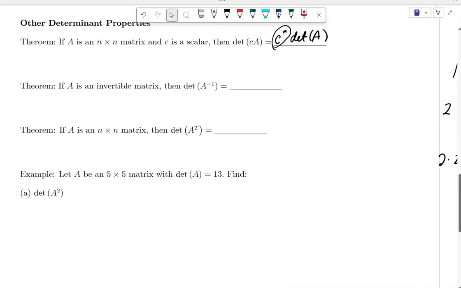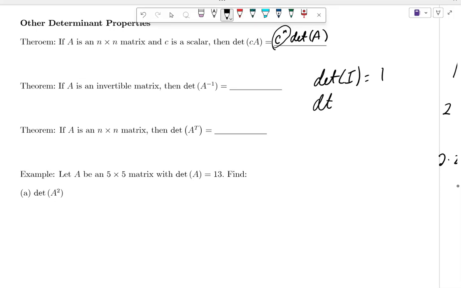What do you think happens if you have an invertible matrix and you do the determinant of A inverse? What do you think the determinant should be? Well, I'm not using a C anymore. I'm just looking at the matrix A. I'm agreeing with the 1 over part. Let's try it this way. What's the determinant of the identity again? 1.